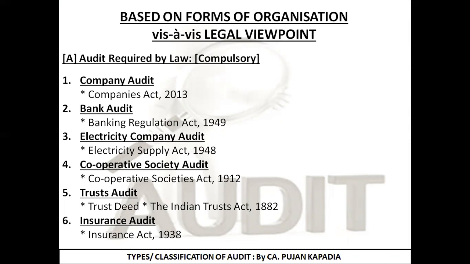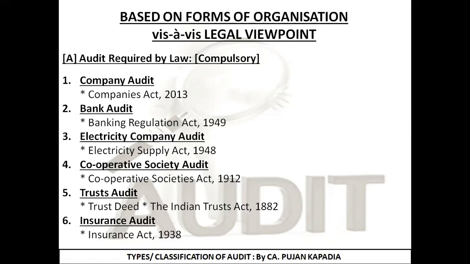So on the basis of the form of organization, your audit can be classified, or from the legal viewpoint, whether it is compulsory, required by law, that is legally required, or it is voluntary, that is, it is not compulsory, but you are getting your books audited by your own will. In short, what we are supposed to study here are two different types: compulsory audit under any law, that is under any act, or voluntary audit, based on the forms of organization.